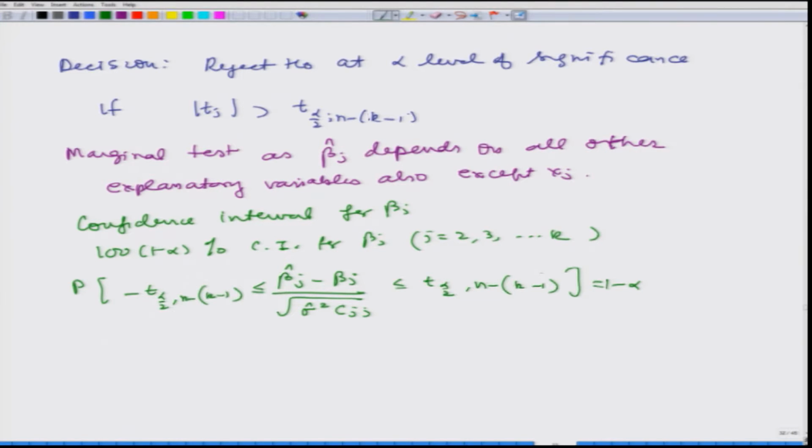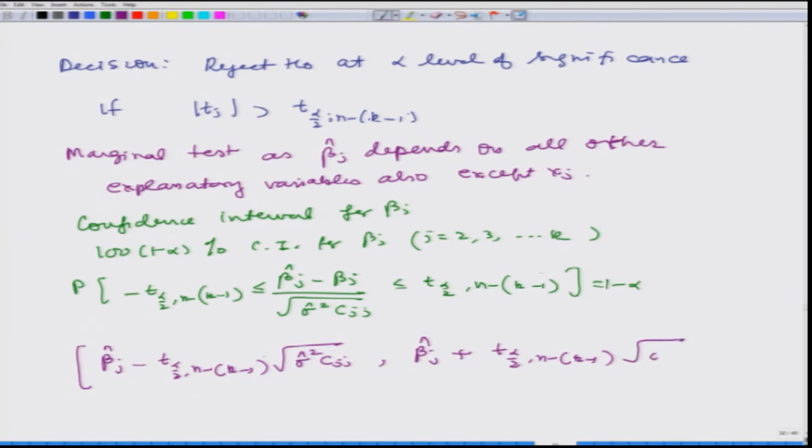Based on this, I can find the confidence interval as beta hat j minus t alpha by 2, n minus k minus 1 times square root of sigma hat square Cjj, and beta hat j plus t alpha by 2, n minus k minus 1 times square root of sigma hat square Cjj. Right. So, this is the 1 minus alpha percent confidence interval for an individual beta j.